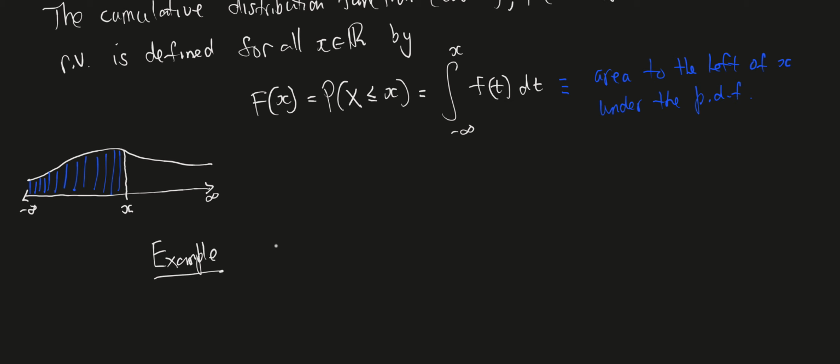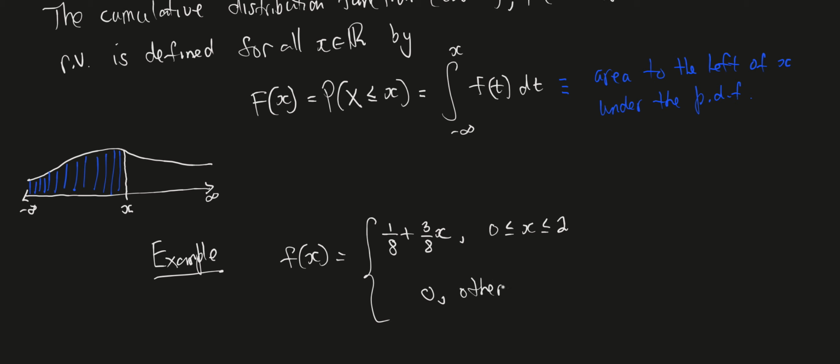Again, let's say X is a continuous random variable, and here is its PDF. We're going to have 1/8 plus 3/8 x, and I seem to like the interval 0 to 2, so I'm going to have x go from 0 to 2, and it's going to be 0 otherwise.